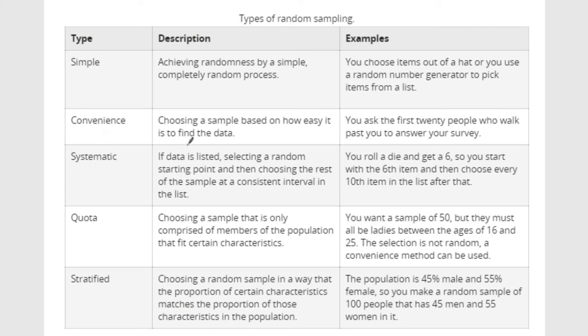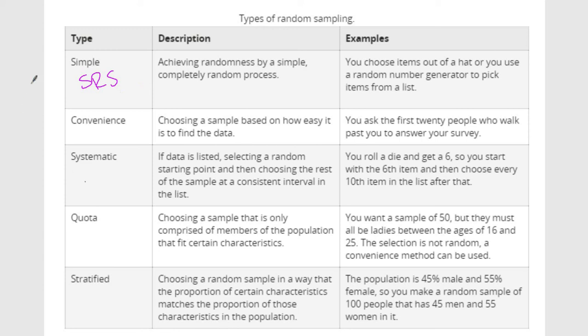Systematic. So systematic is you've got a set way of doing it, kind of like a simple random sampling. This is also called an SRS, you'll see that a lot, simple random sample.